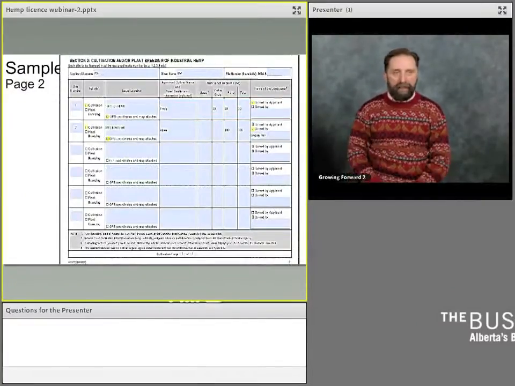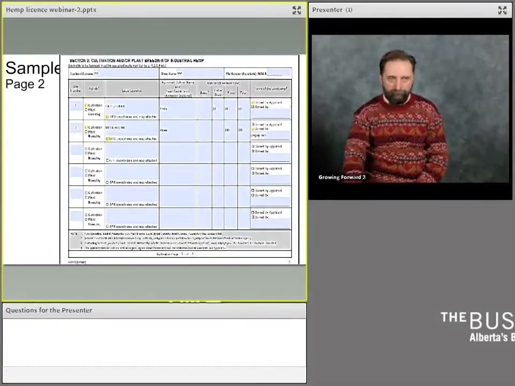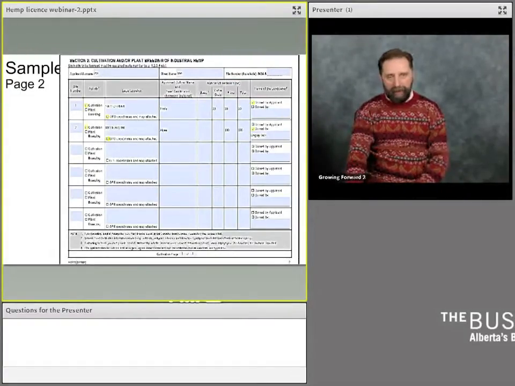Now we are at page 2, a very important page. Remember our cultivation and land ownership scenarios. We will be cultivating industrial hemp. In this first case, it will be cultivar Finola.